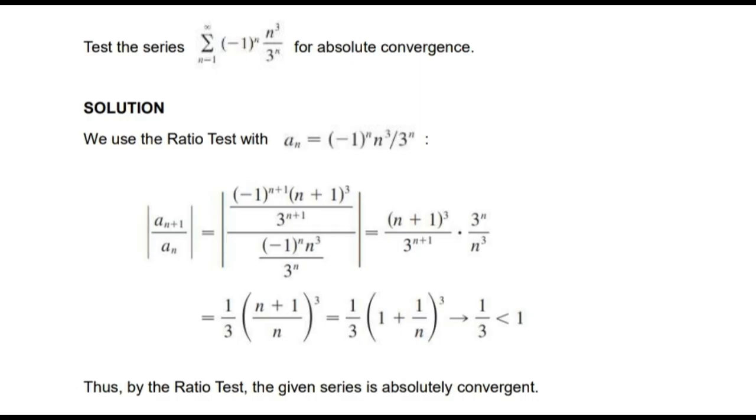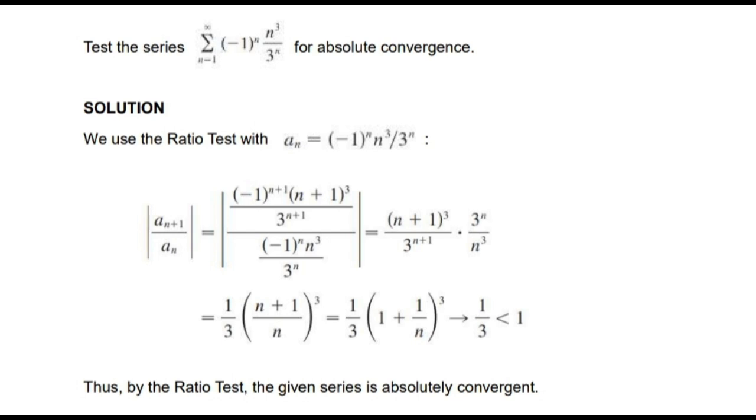First, test the series summation of negative 1 raised to n multiplied by n cubed over 3 raised to n, as n equals 1, for absolute convergence. In our solution, we use the ratio test. We set a sub n equal to negative 1 raised to n multiplied by n cubed over 3 raised to n.